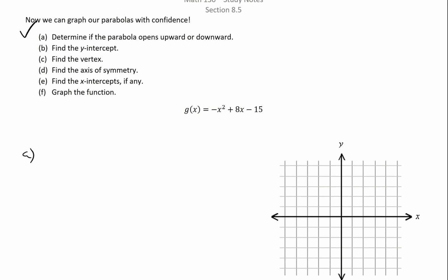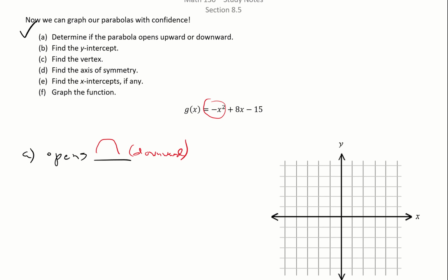Part A, does it open up or does it open down? Where do you look? Do you remember that? Yeah, you look at the x squared term and it's negative, so it opens down. On my math lab, they'll let you choose down or something.